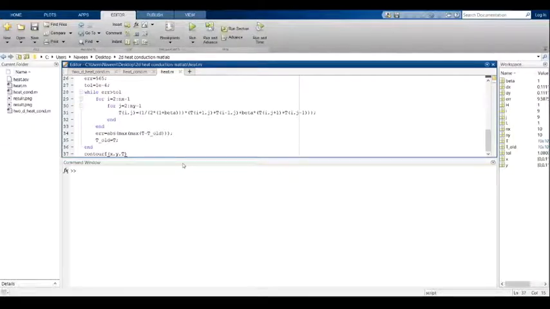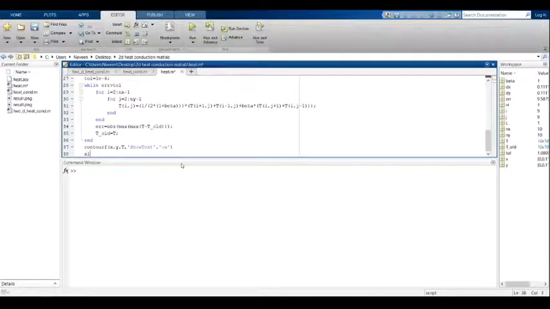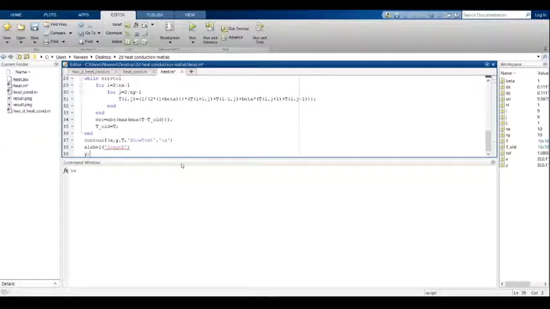For that, I'm just adding the show text command, turning it on, and then xlabel is nothing but length, ylabel, which is height.